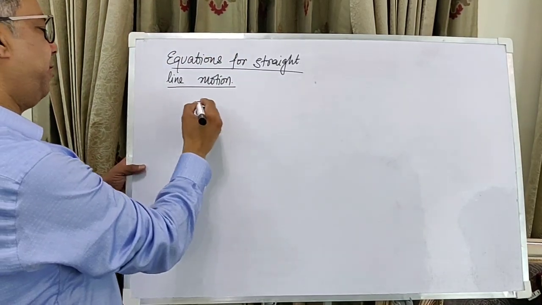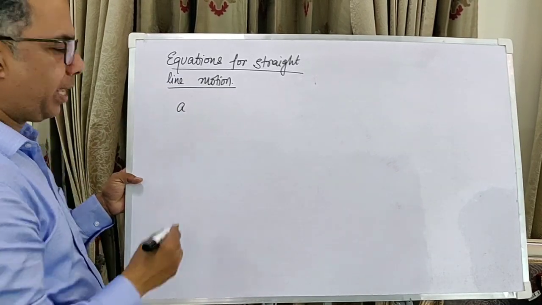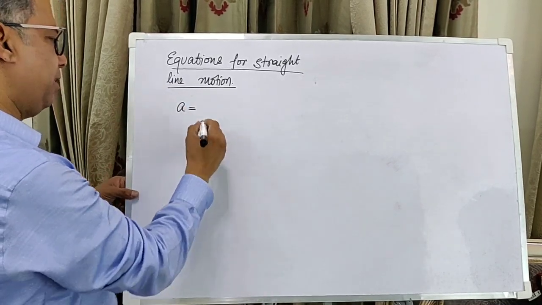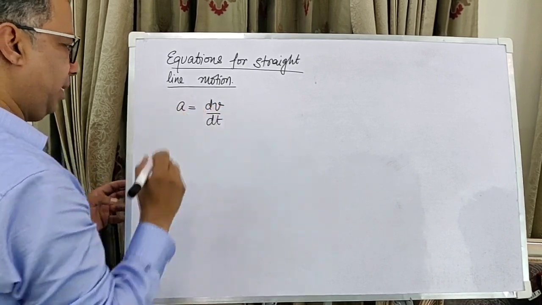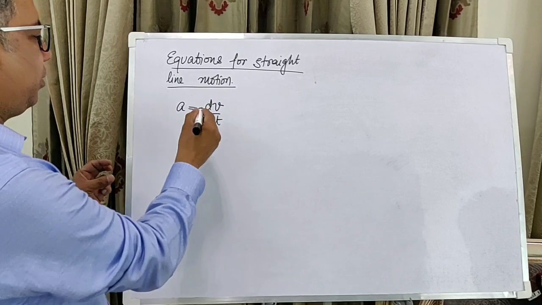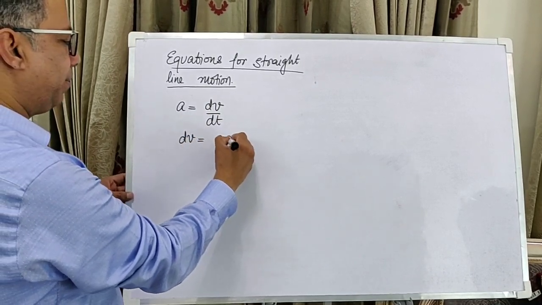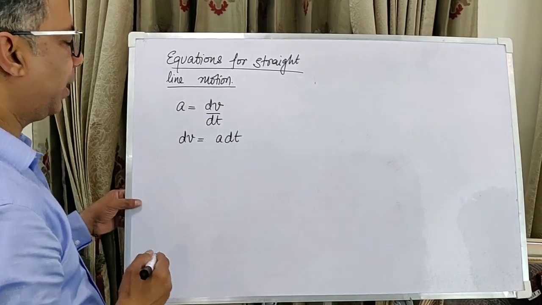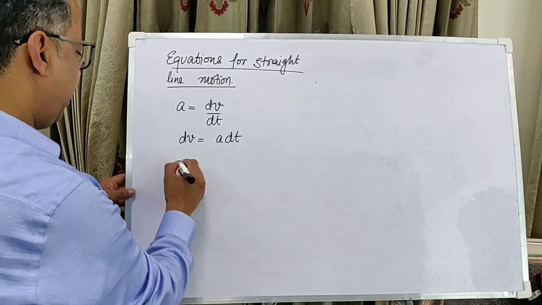Well, the very first thing we'll start with is the definition of acceleration. Now acceleration equals dv by dt. So dv here equals a times dt. Now we can of course integrate.